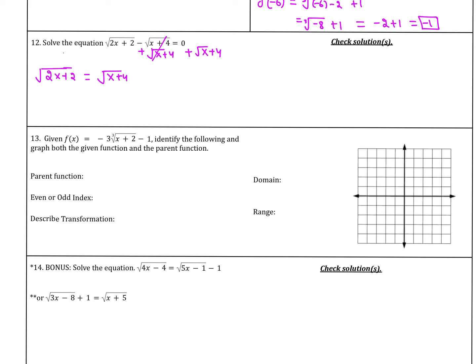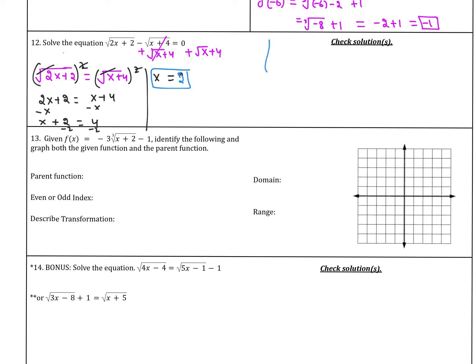You want to solve for x, so you're going to square each side, canceling the square root with the square. You get 2x plus 2 equals x plus 4. Subtract x on both sides: x plus 2 equals 4, and when you subtract 2, you get x equals 2. So x equals 2 is your answer.